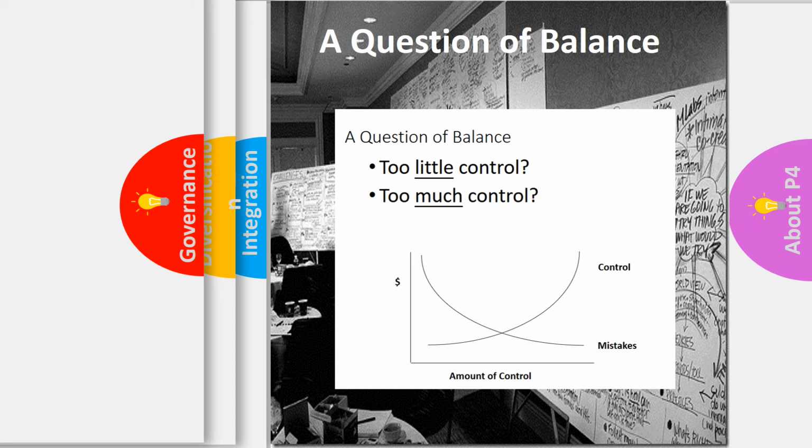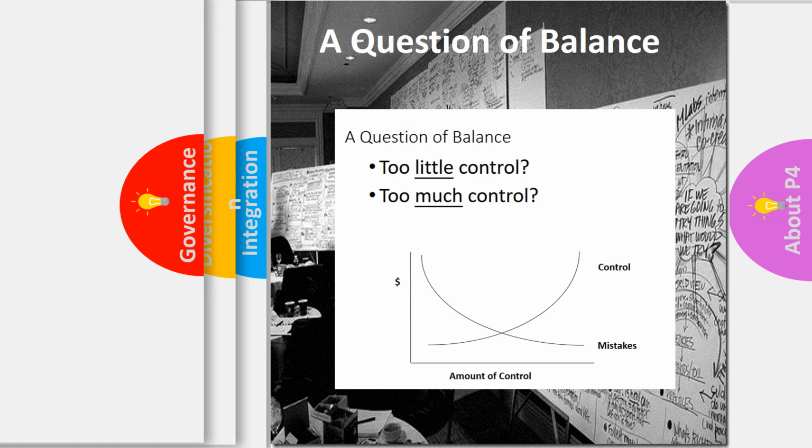So the question of control is all about balance. Too little control, and you could be going outside your scope. You could incur more costs, and you could take longer to complete the project. Or too much control, and you micromanage and you demotivate people.